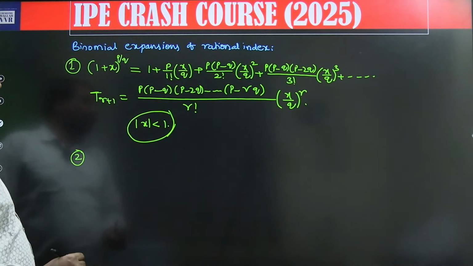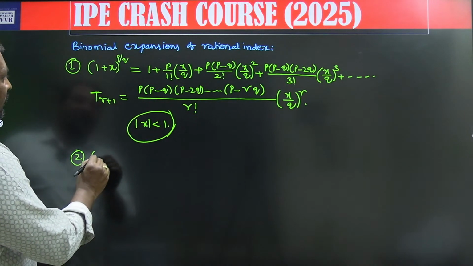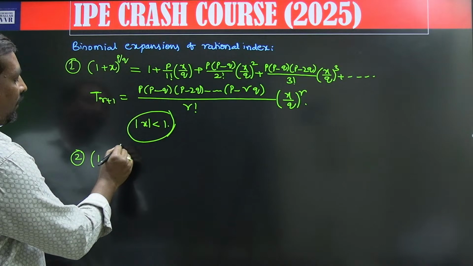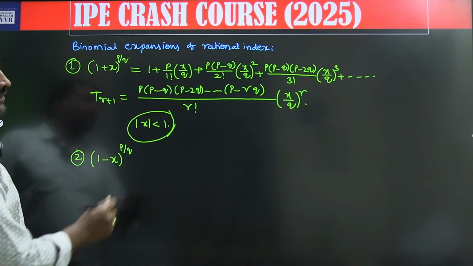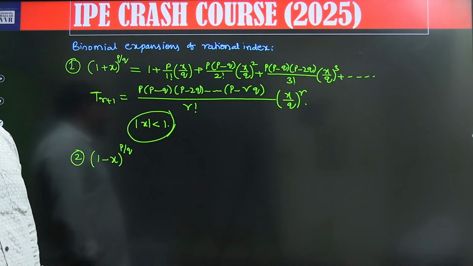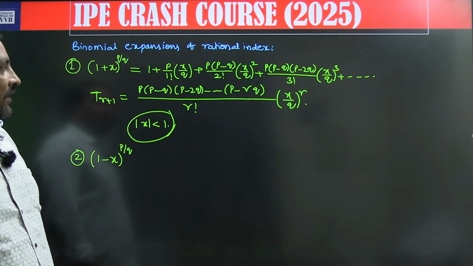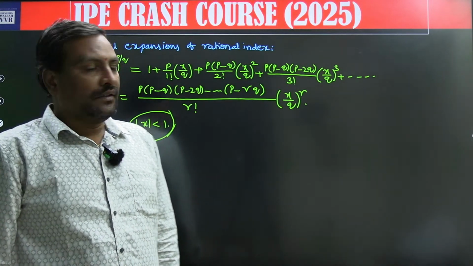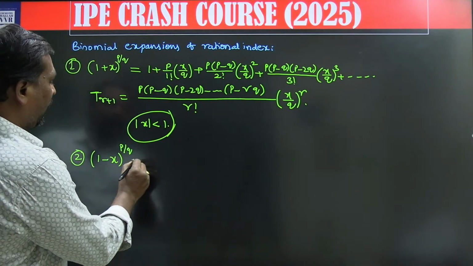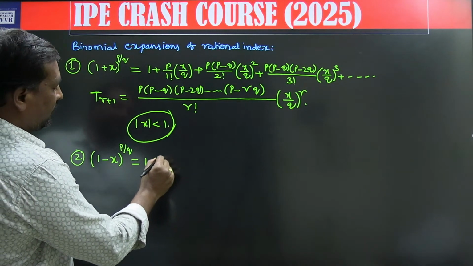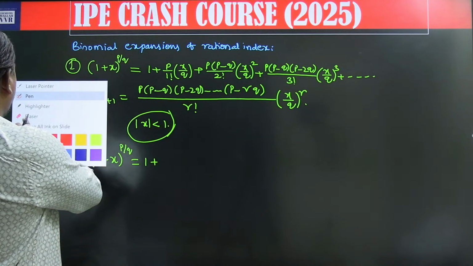And here is the second formula. What is this one? It is (1 − x) whole to the power of p by q. Just in place of x, we have to replace minus x.